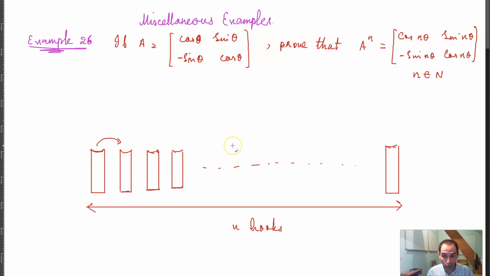So there are basically two conditions here. Number one, the first book must fall over. I'm going to have to show that the first book falls over.